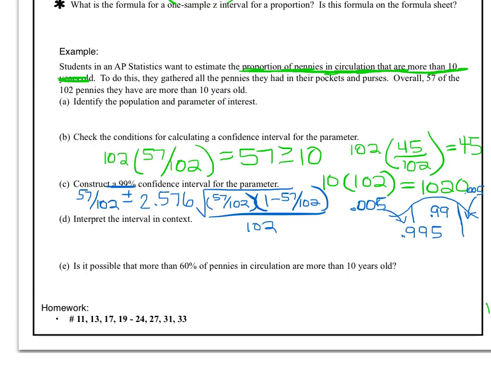Okay, and when I multiply that all out, I get the interval of 0.432 to 0.686.